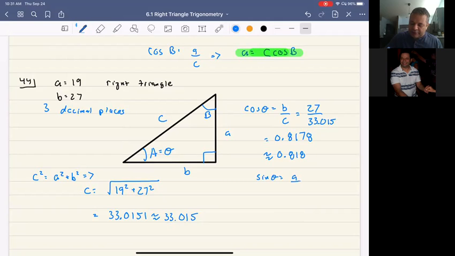Sine of theta is A over C. That's 19 divided by 33.015, which is 0.5754, which I approximate to 0.575.